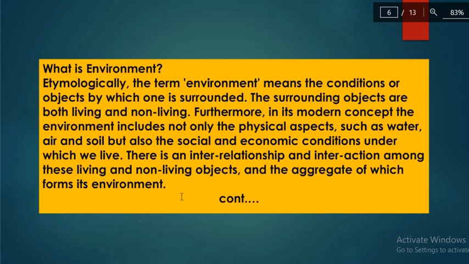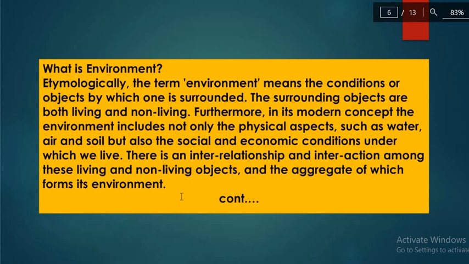Furthermore, in its modern concept, the environment includes not only the physical aspect such as water, air, and soil, but also the social and economic conditions under which we live. Please pay attention.